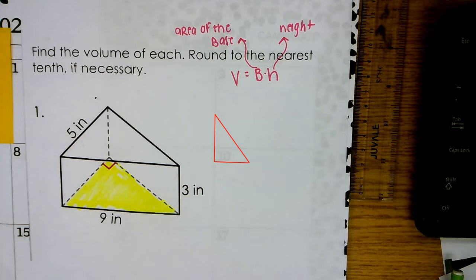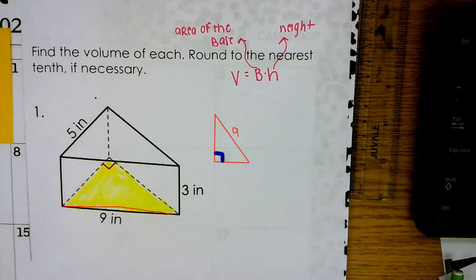So let's fill in what we know about this triangle. We know it's a right triangle, so I'll put my right angle in there. Then I know that the hypotenuse of the triangle is 9, so I'm going to draw a 9 right there because we can see from right here the hypotenuse of the triangle is 9.